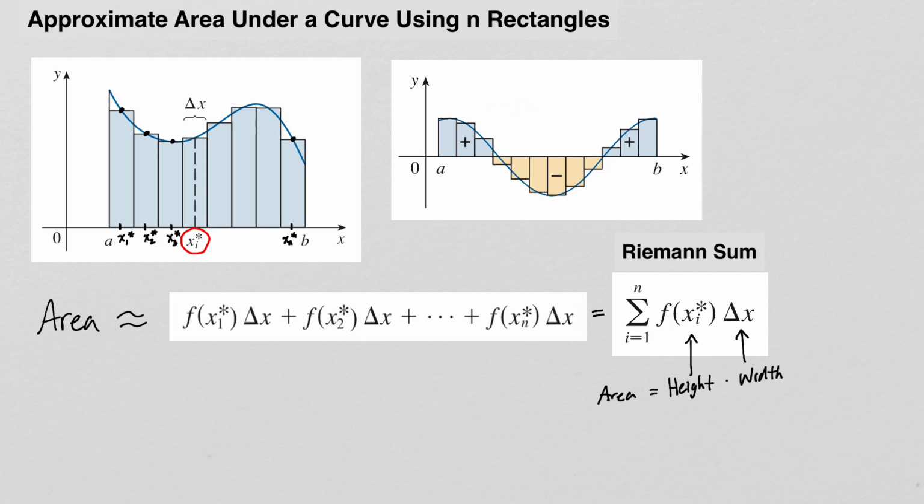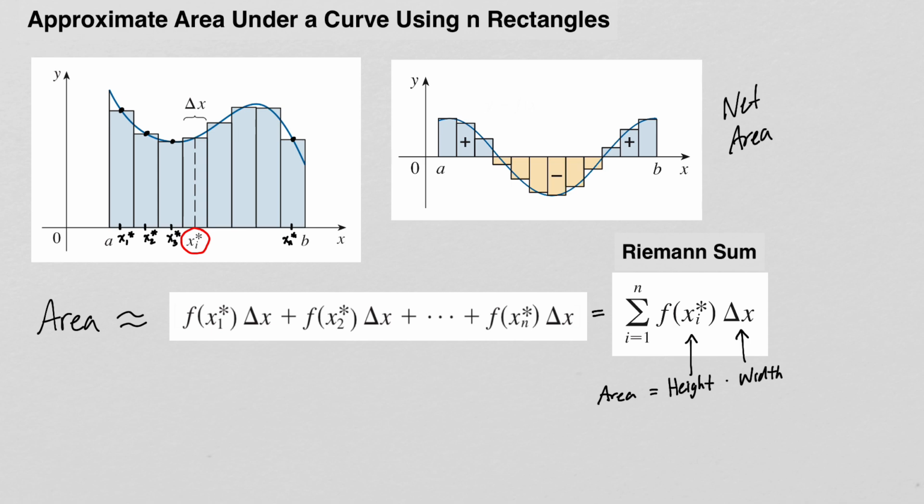So when you're finding the area between the curve and the x-axis, any area above the x-axis will be counted as a positive area, and any area below the x-axis will be counted as a negative area. And so when you do this process, you are going to end up getting a net area.